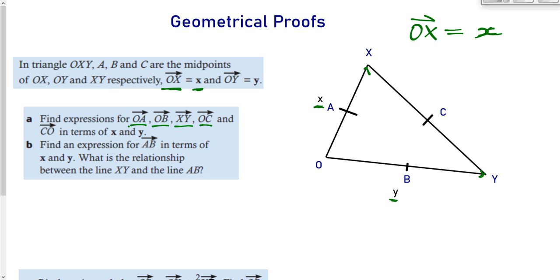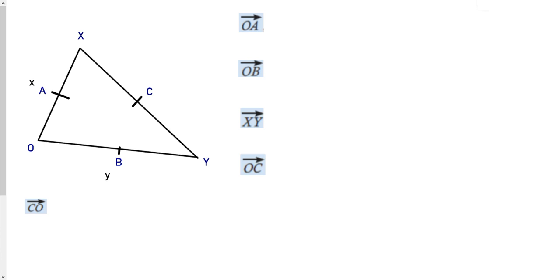Okay, so let's just go to a fresh page to give ourselves some room. So again, what we're going to do is write this vector here in terms of our lowercase x and y. So vector OA, we're looking at OA, but our main vector here is represented by the x.